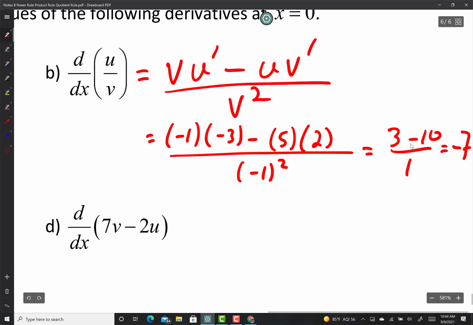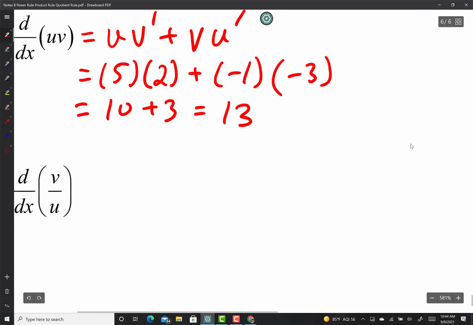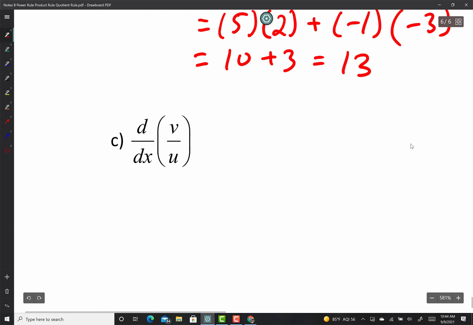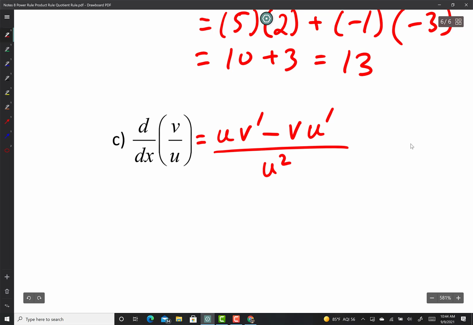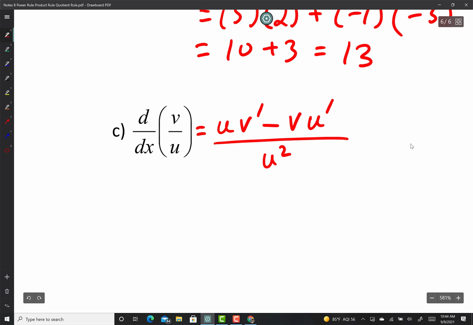Let's look at letter C. They mixed up the letters on me. It's okay. Go by low-D high, high-D low. What do I write first? U, V prime, minus V, U prime. Perfect. What was U? 5.